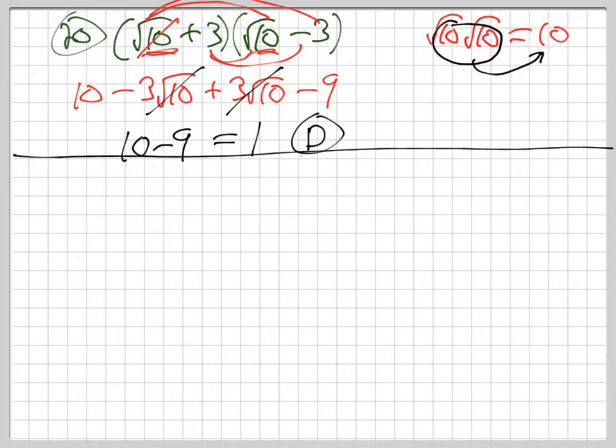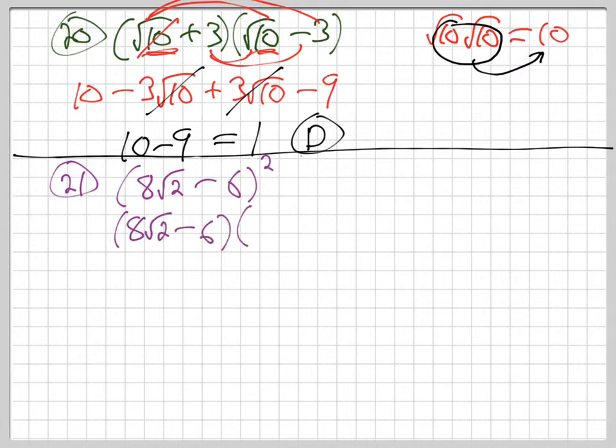Let's try 21. It'll be very similar. So 21, 8 root 2 minus 6 quantity squared. Well, you know that means 8 root 2 minus 6 times 8 root 2 minus 6.